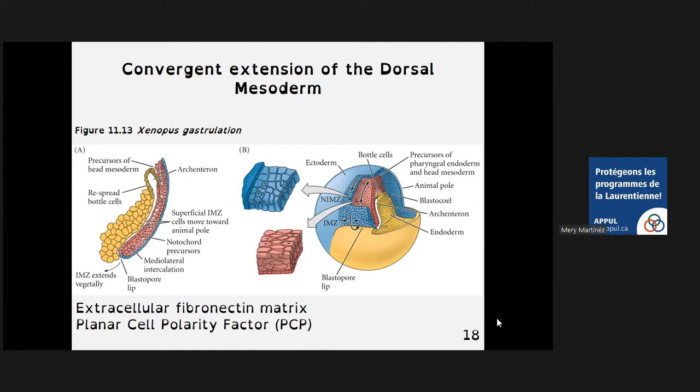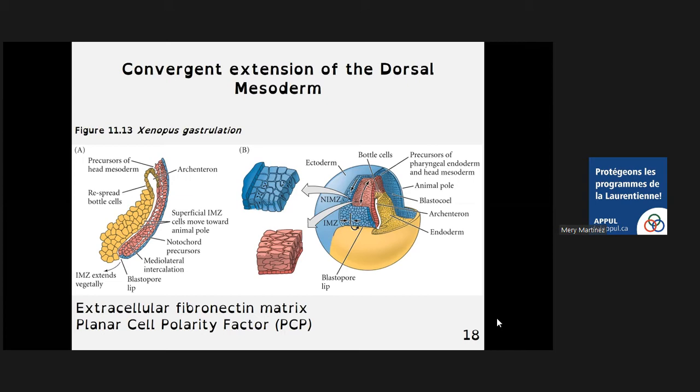So the involuting marginal zone, the one that started going inside in here, this is after the involution through the blastopore. So this is the blastopore lip and here we have the involuting marginal zone cells. We see how they start rolling over the section to form that archenteron. Now, they do this also by convergent extension. That was another cell movement that we talked about a couple of weeks ago.